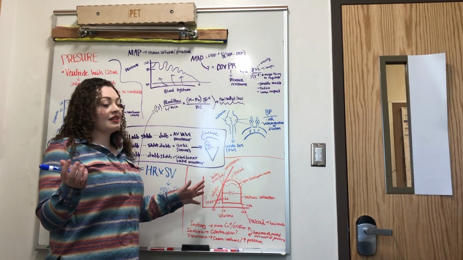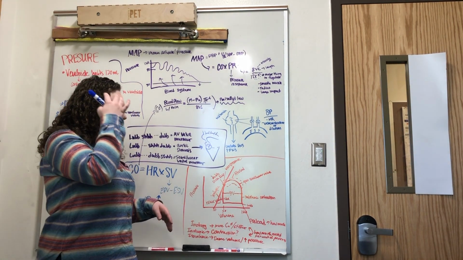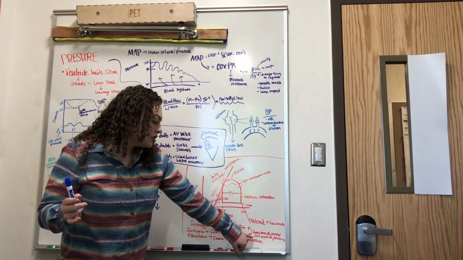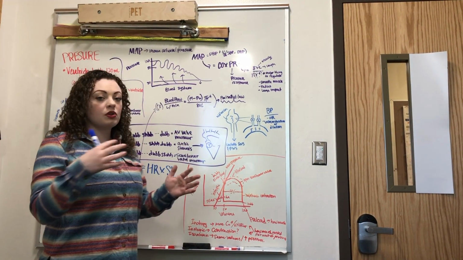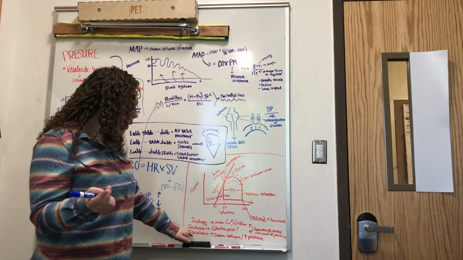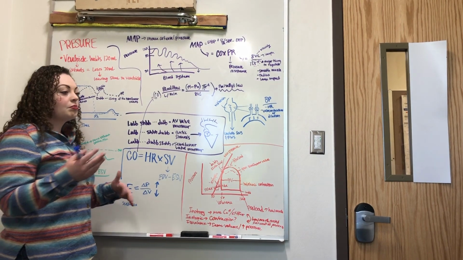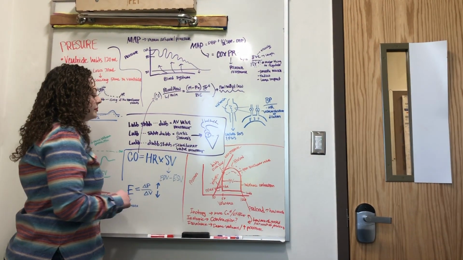So it's asking about, is there more calcium? Is it stiff? Is it floppy? So really it's asking how much volume is moved per unit of pressure. And then you've got isovolumic, which means the same volume per pressure. So they kind of are talking about the same thing somewhat.